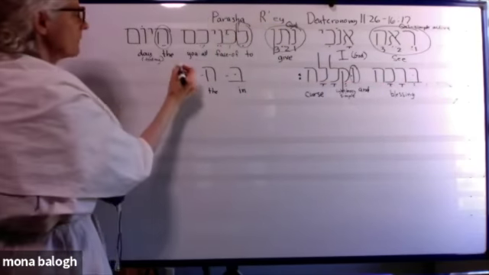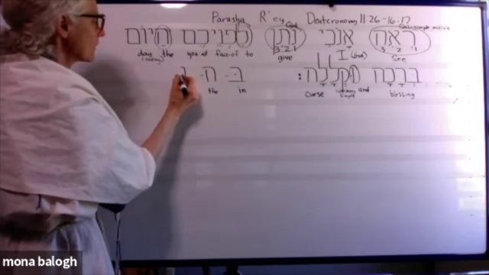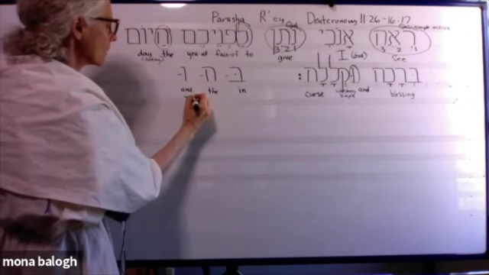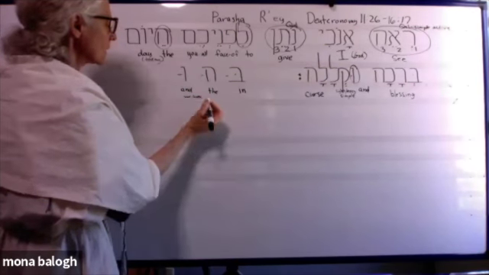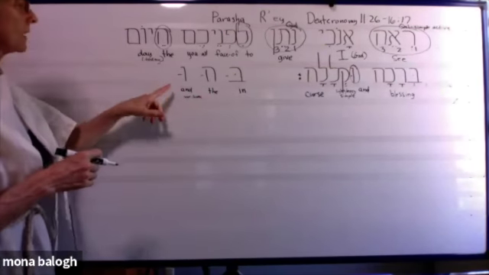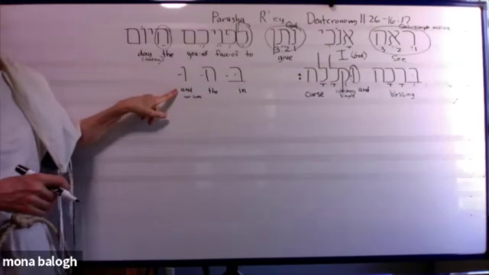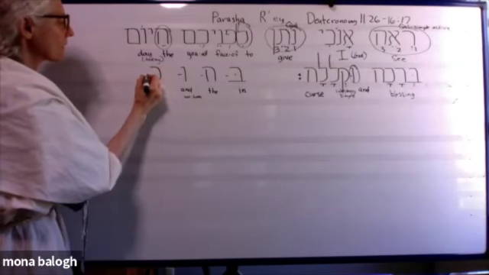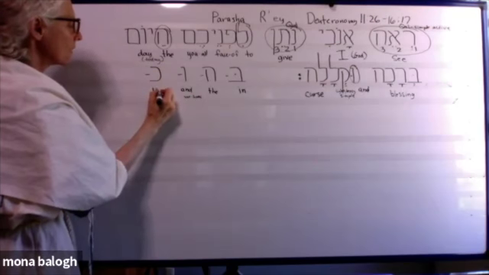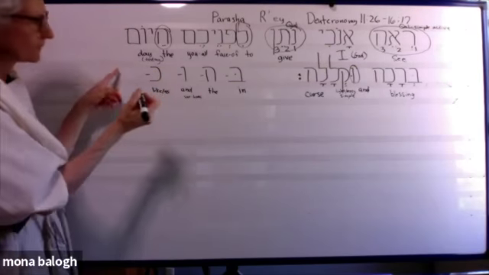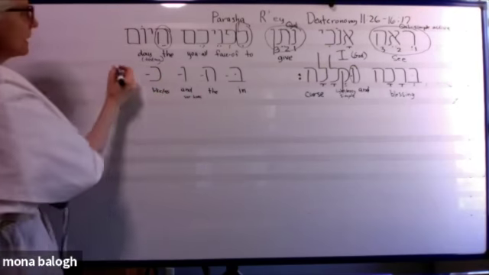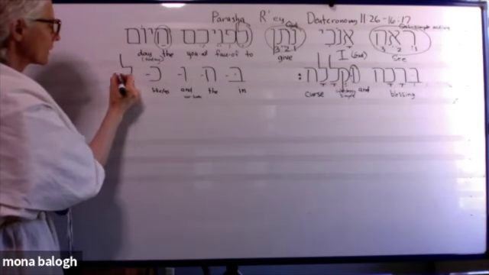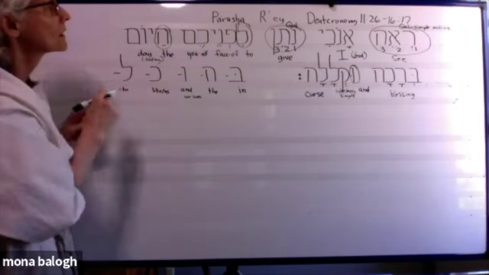So the next one is vav, which means and. The word vav itself means hook. You can see how it can mean and. Next is chaf, which is like or as. Then lamed, to.